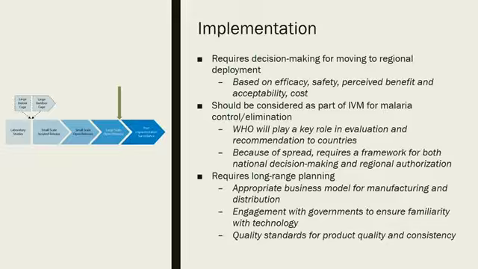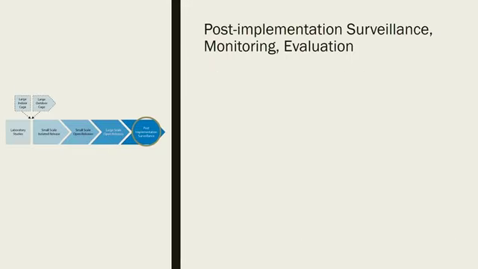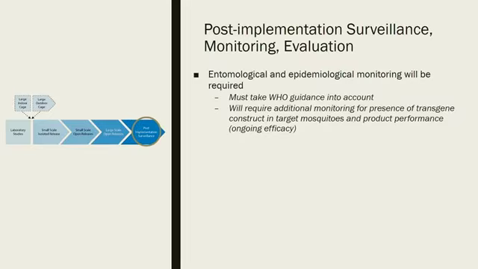It requires long-term planning for the future. Business models need to be developed, engagement with governments, quality control and standards need to be thought through. And after implementation, surveillance doesn't stop, it carries on. Again, WHO has a key role here because of the scale of these operations.